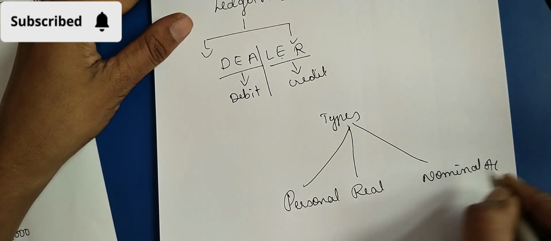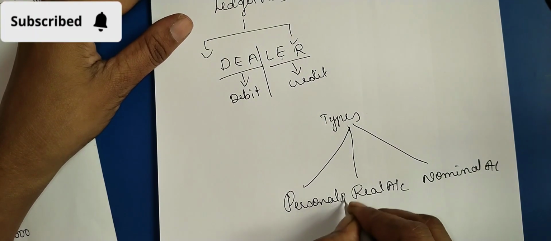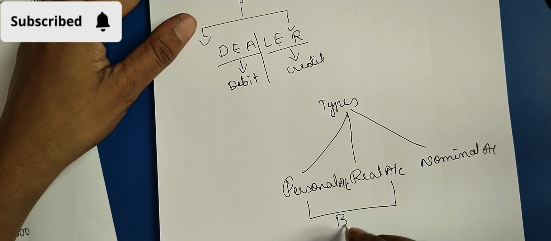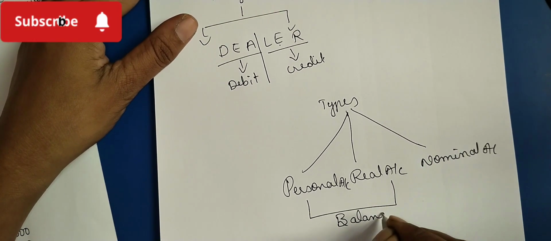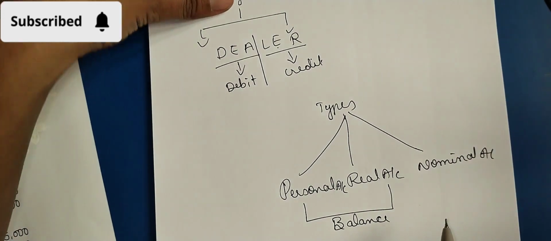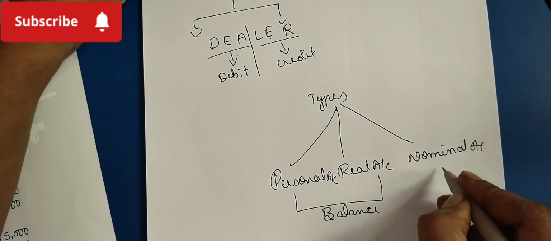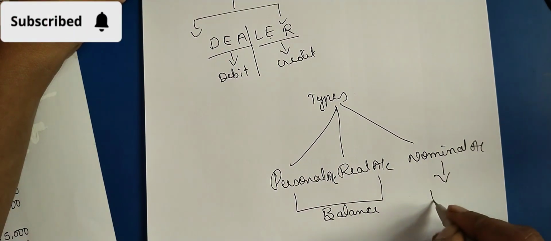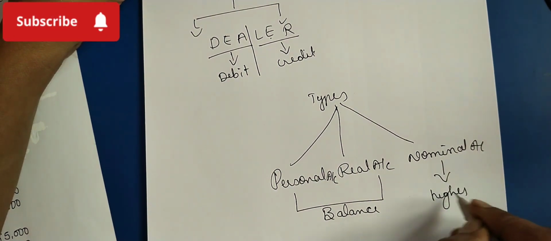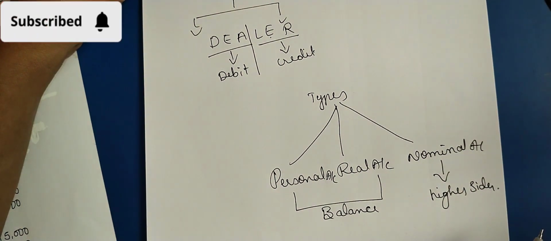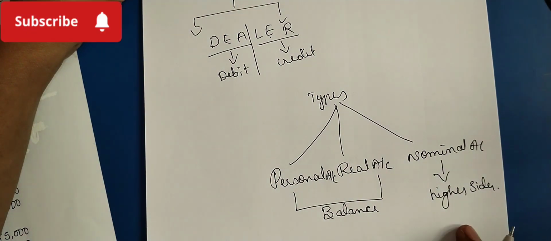Only we will do balancing for personal account and real account. We are doing the balances, and the debit balances we are recording in trial balance. For nominal account, whichever side is higher side we were considering for the trial balance. We won't do balancing for the nominal account.